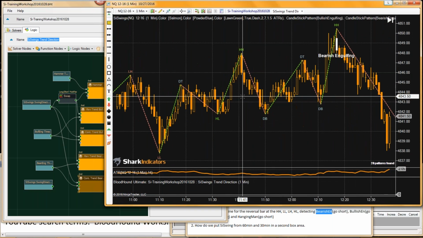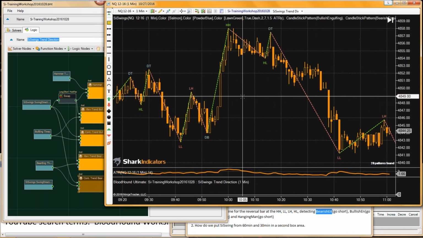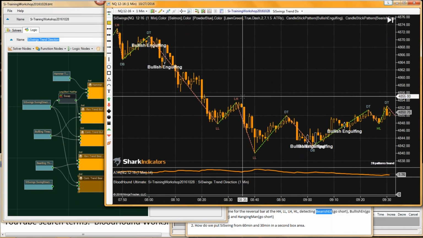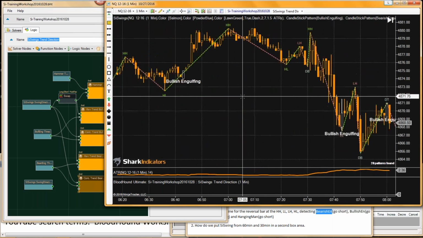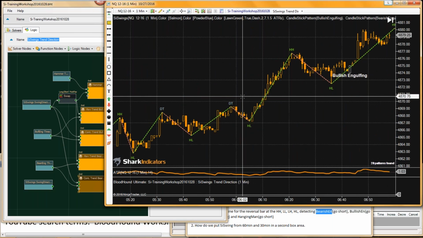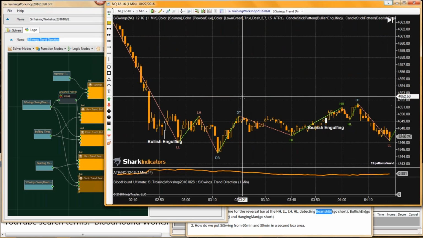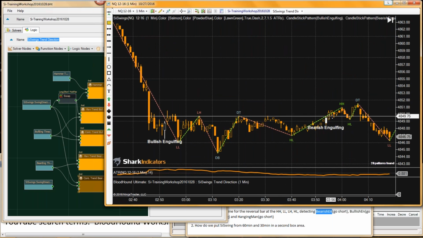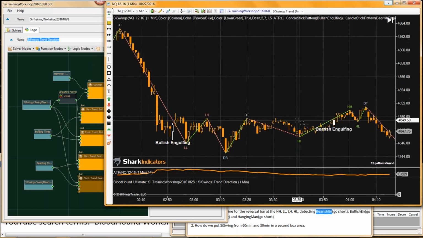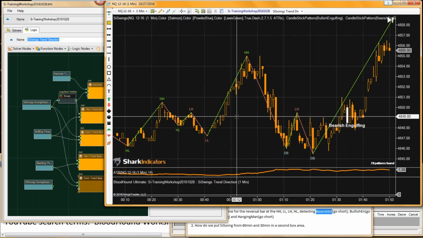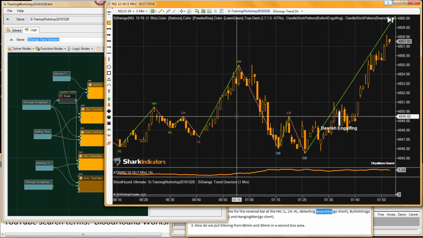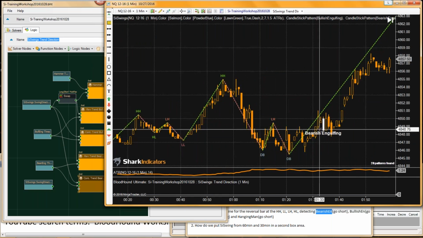And let's see if I can find one more. Lots of bullish. Let's see, there's a bearish, but it's not a continuation trend, it's a reversal. Another reversal bearish engulfing.